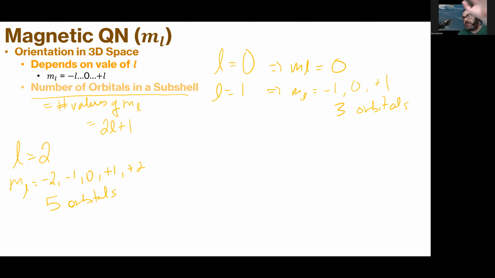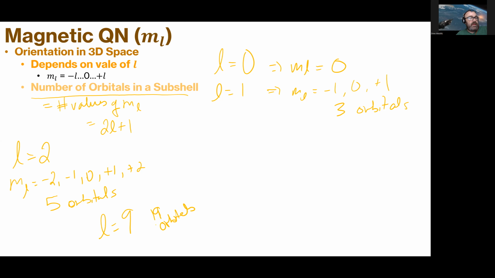You have the positive numbers, you have the negative numbers, and you have 0. So that's 2 times L plus 1. So if L equals 9, you could write out all the numbers from -9 to +9. Or you could say, well, 2 times 9 is 18 plus 1 more is 19. So there should be 19 orbitals here. Because of that +1, this number is also always odd.